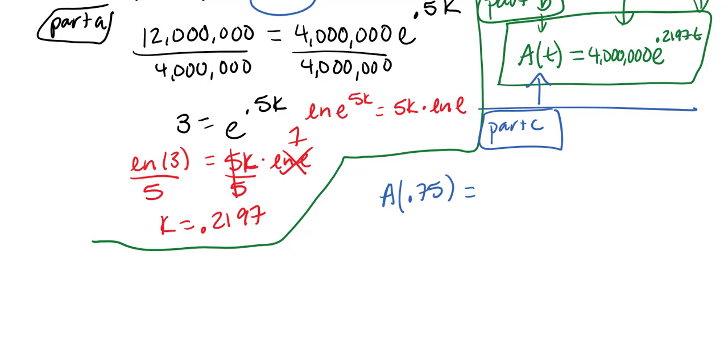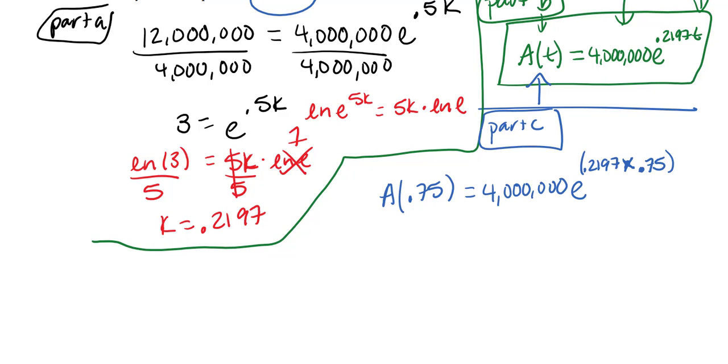Or you can go 45 minutes divided by 60, which would give you 0.75. So we still have the same starting amount, e raised to this 0.2197 times 0.75, let's do x to show 0.75 because of this decimal.